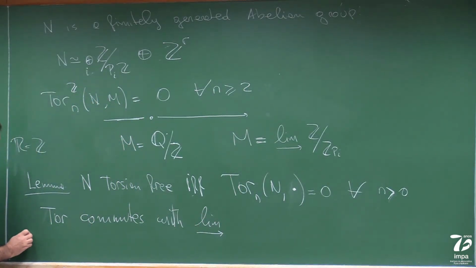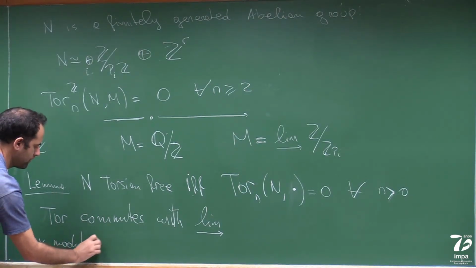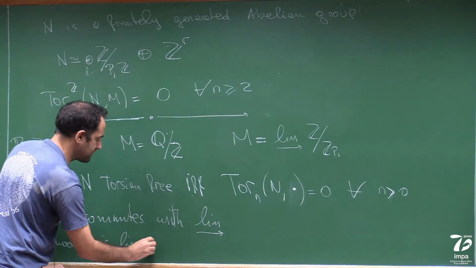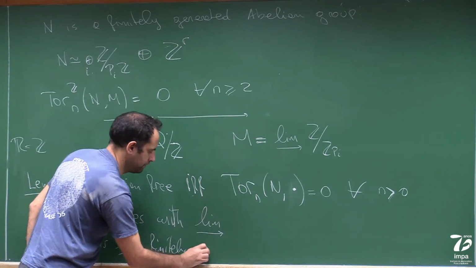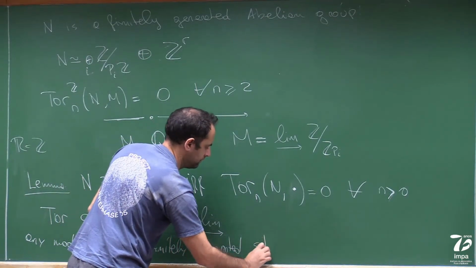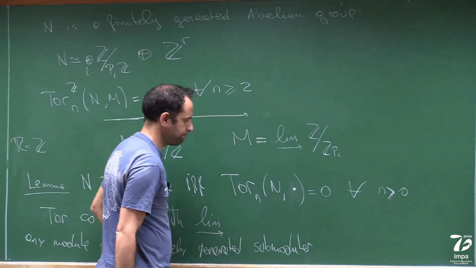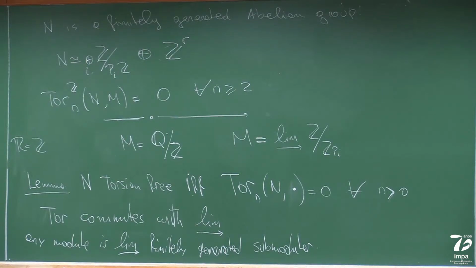And you can write any module as a colimit of its finitely generated submodules. And we've already proven it for the finitely generated submodules. That's it.